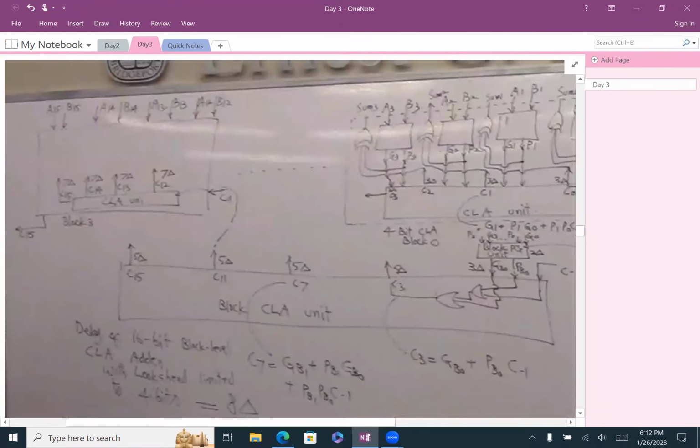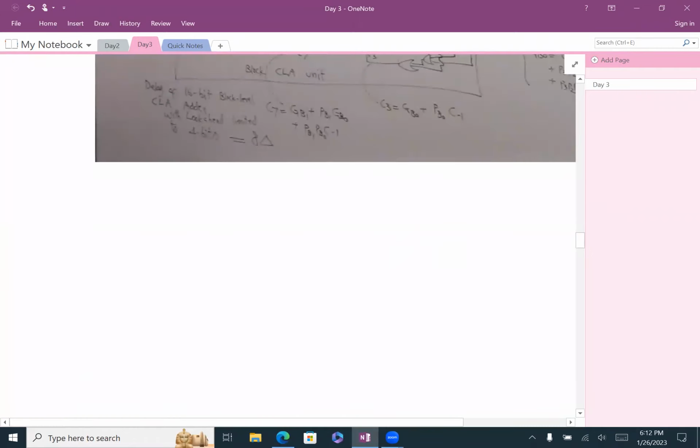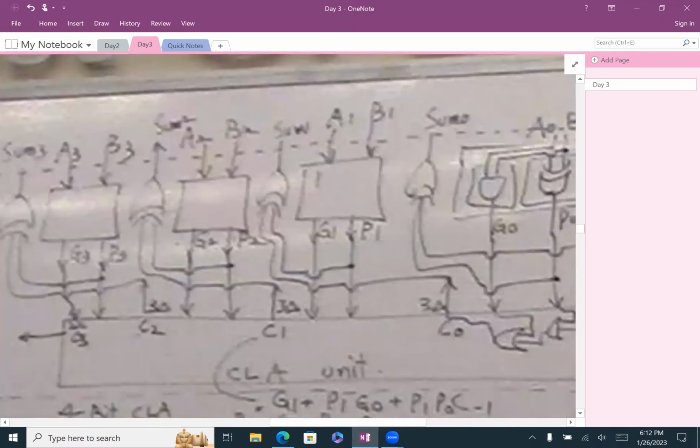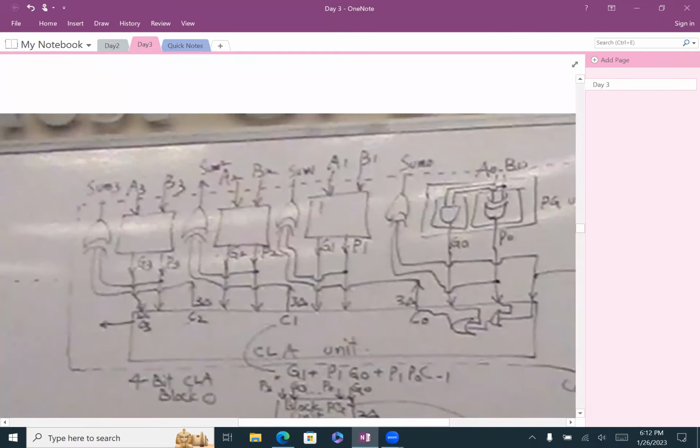Okay, that's the whole circuit. Can you see that? I will zoom first. What is this circuit first? That's a 4-bit adder, correct? Remember in the 4-bit adder, the first block we used to find what?